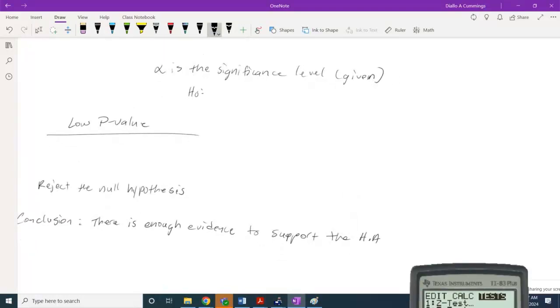H0, whenever you see that, that's the null hypothesis. And HA is the alternative hypothesis. Now, for our purposes, whenever you're asked to write out your null hypothesis, we're always going to use the equal sign. We're going to see an example of that in a second.